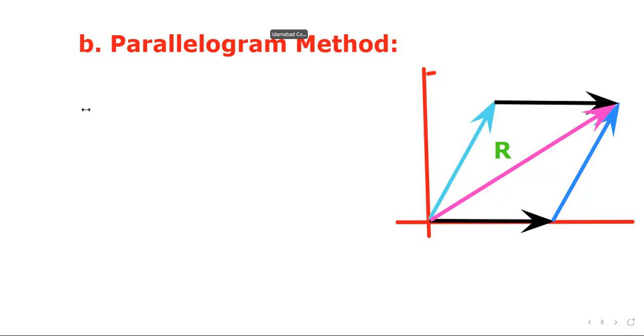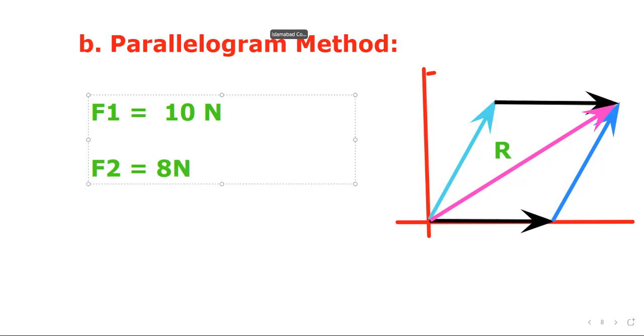Suppose we have first vector is 10 newtons, second vector is 8 newtons. Okay, so then we will scale these vectors. Scaling means, like on a paper we cannot use the newtons, we will use centimeters.